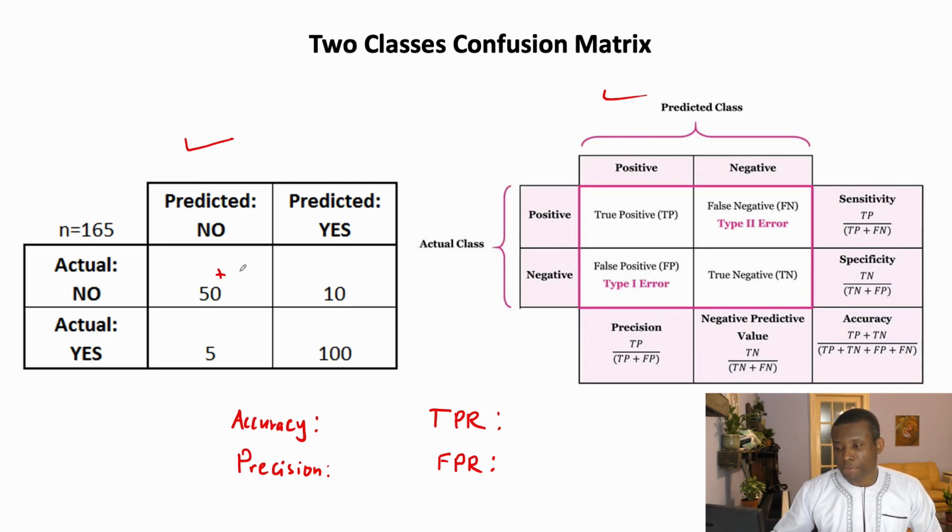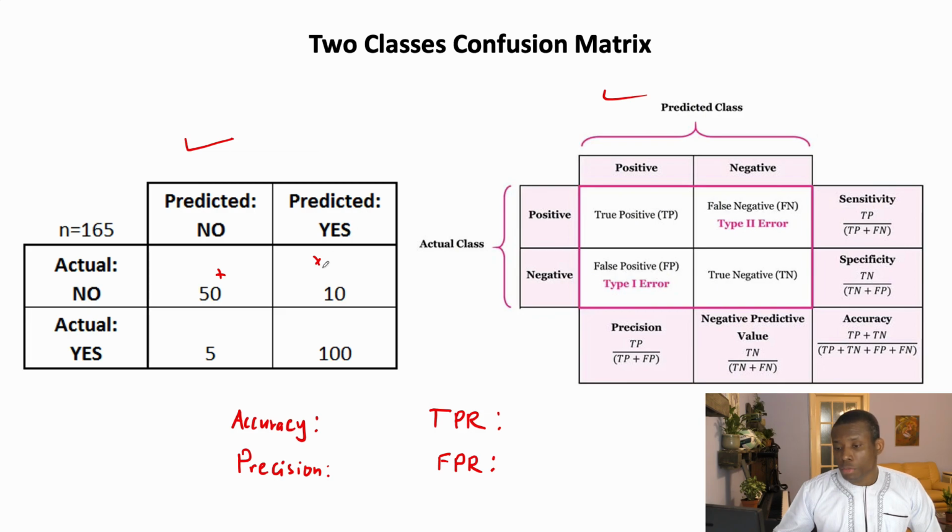This cell means that the actual value is yes, but 10 were predicted as no. Let's understand it very clearly. The first one, there are 50 actual values that are no, and those 50 also were predicted as no correctly.